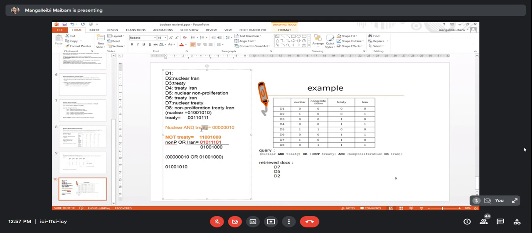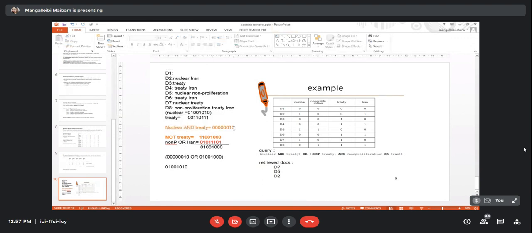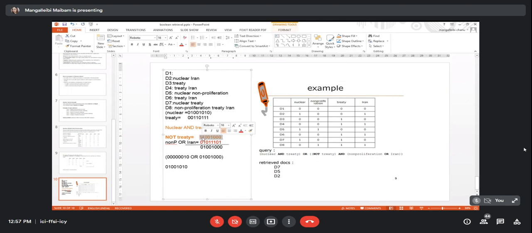First I am performing the AND operation of nuclear and treaty. Now, NOT treaty. That means just the conversion of zeros and ones. So for NOT treaty it will be 1, 1, 0, 0, 1, 0, 0, and 0. That's what I have written down here.